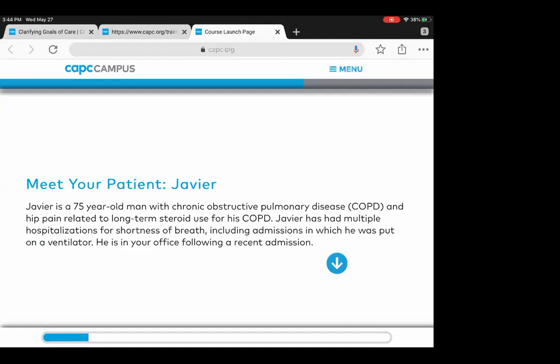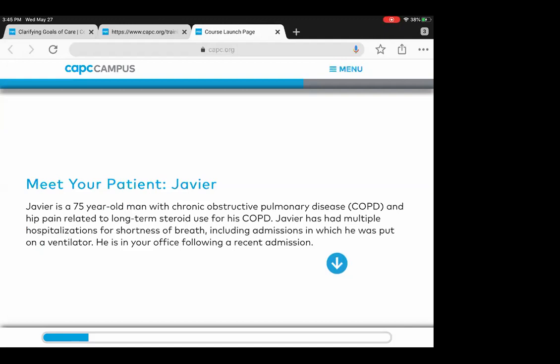So this is Javier. Javier is this patient. For this sake, we're seeing him either as a palliative patient or as a new referral and assessment. We've gotten his information, and Javier is 75 years old, and he has COPD. He's also got hip pain related to long-term steroid use because he's been on steroids long-term for his COPD.